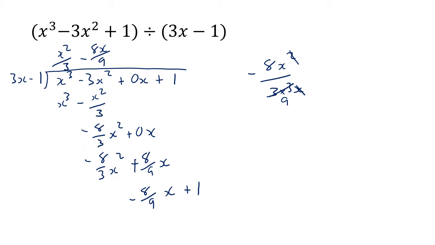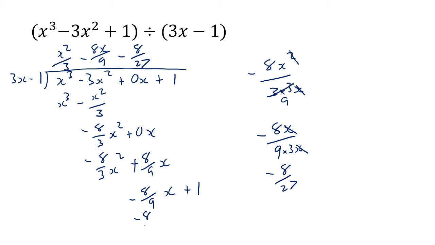Whew. So we're then going to take this and make it match that, and to do that we're going to do a division. So you've got minus 8x over 9 divided by 3x, so that's times 3x on the bottom. The x's cancel out, so you get minus 8 over 27. So minus 8 over 27 goes up here, and then, get this right this time, negative times a negative gets me a positive.